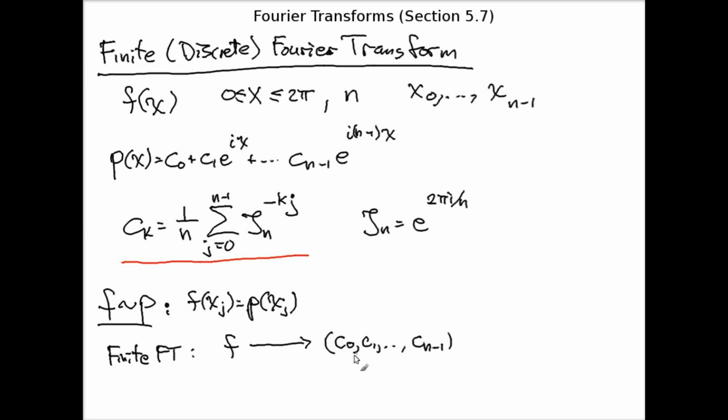And the idea is that you've encoded this function with this other function p, which records the occurrence of the different frequencies in it. And the reverse map going from these back to f is the inverse finite Fourier transform.